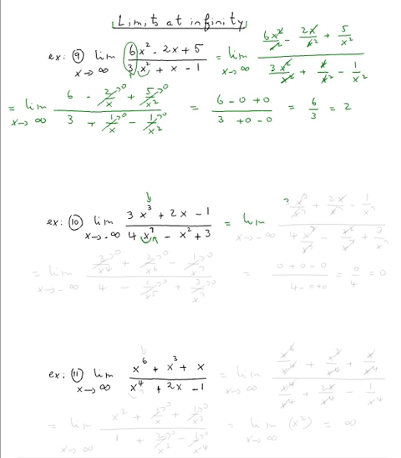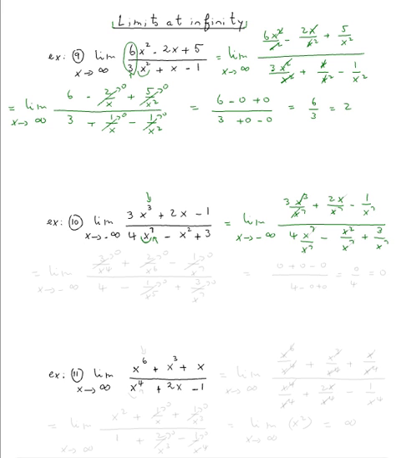So this is a limit of 3x cubed over x to the 7 plus 2x over x to the 7 minus 1 over x to the 7, everything divided by 4x to the 7 over x to the 7 minus x squared over x to the 7 plus 3 over x to the 7 as x approaches negative infinity. Now same thing, we're going to simplify.